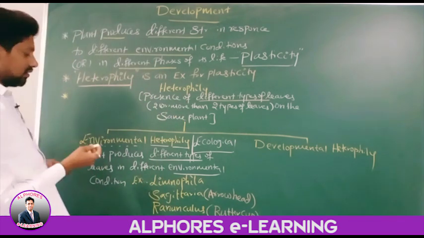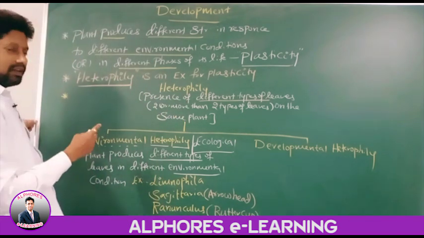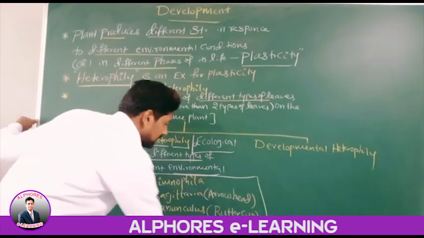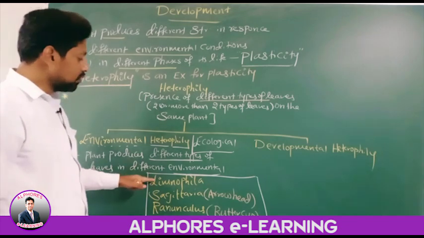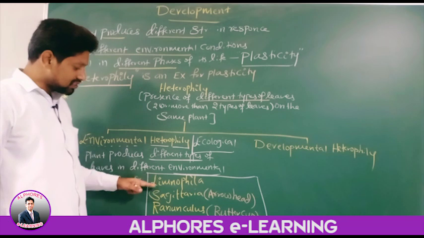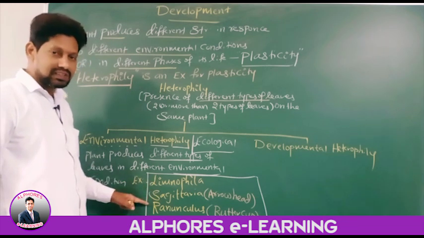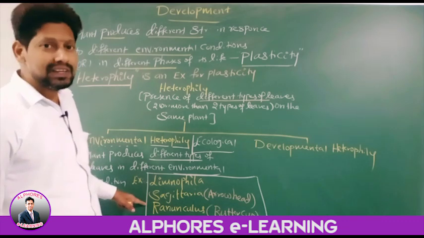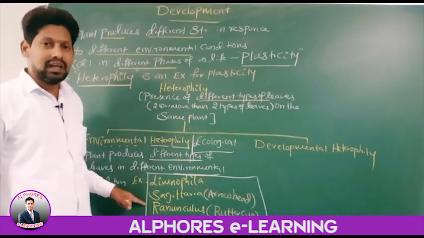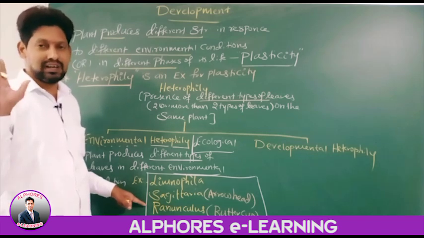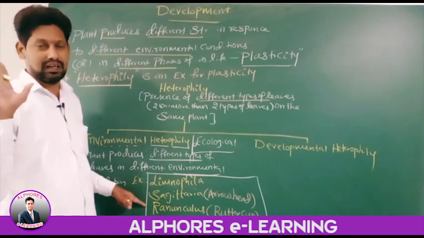Is it okay? Therefore, what are the examples for environmental heterophily, sir? Limnophila, Sagittaria, Ranunculus. Sir, in first year, we got these three examples for amphibious plants. Amphibious plants are a type of hydrophytes. Hydrophytes are of 5 types. Yes or no? Panch Pataka, right?